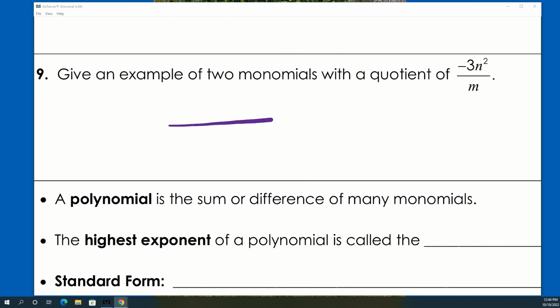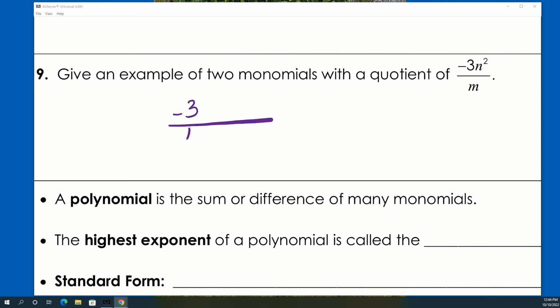So 2 things that you can divide and get this. So think about two numbers you can divide and get -3. There's lots of choices. What two numbers do you guys want to divide and get -3? -3 and 1? Okay, that's fine.